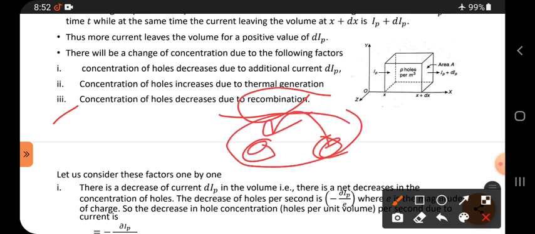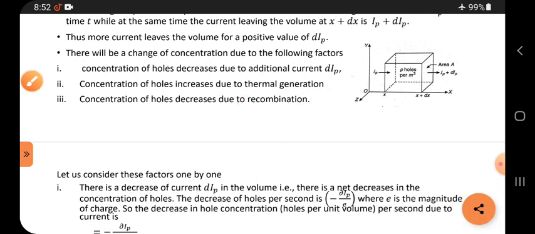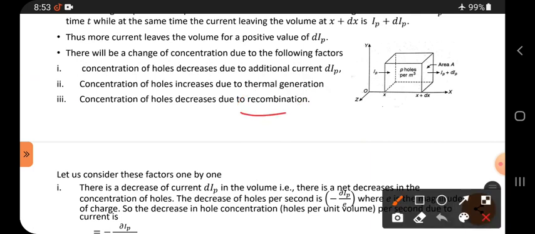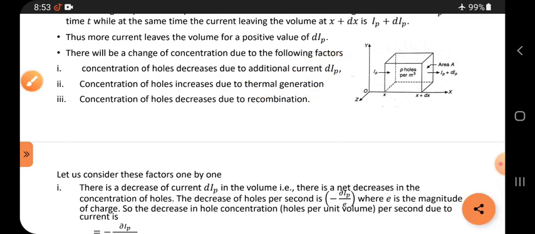That is called the recombination process, and because of it the number of holes decreases. So only in one case does the hole concentration increase, and in the remaining two cases it decreases. The decreasing cases are recombination and the additional current, and the increasing case is thermal generation, because of temperature electron hole pairs are generated.